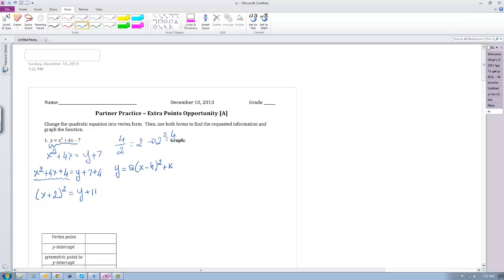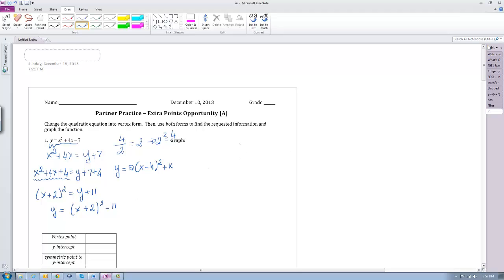So to write the equation in that form, we need to move terms around, and we're going to write y equals (x plus 2) squared minus 11. One thing that you should notice is that a is non-existent. A is 1, like we have here in the standard form, and this is it. This is done. So our vertex is located at minus 2, minus 11.